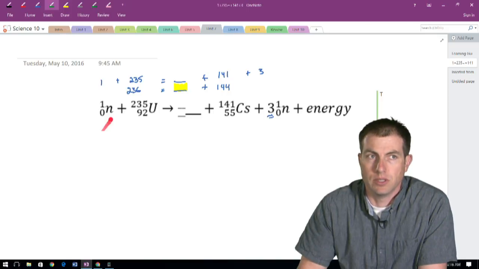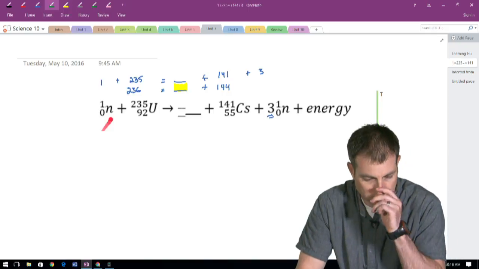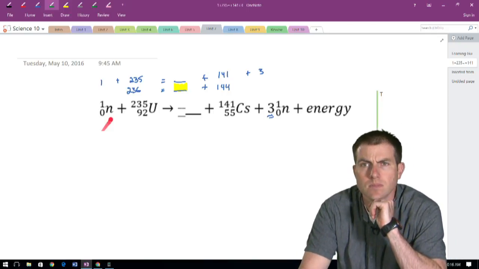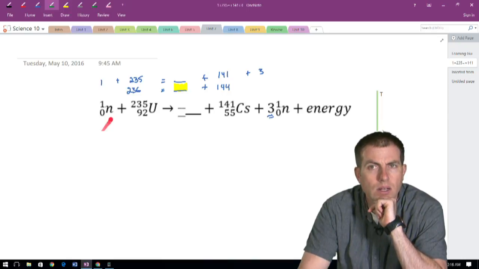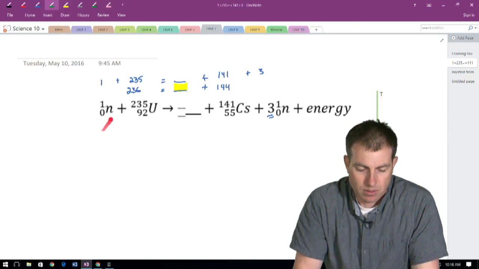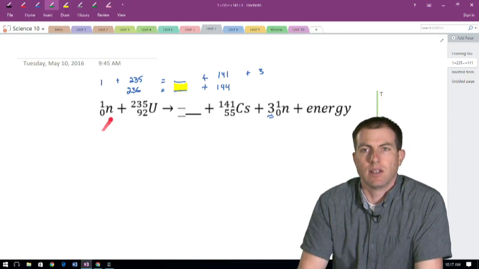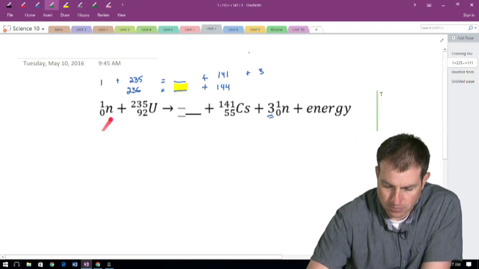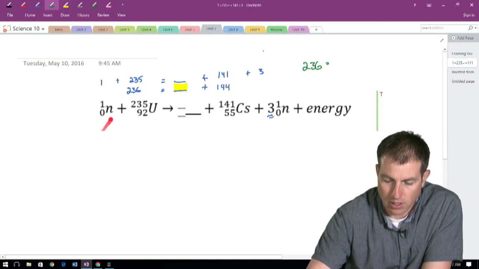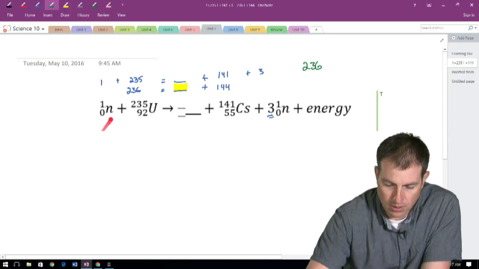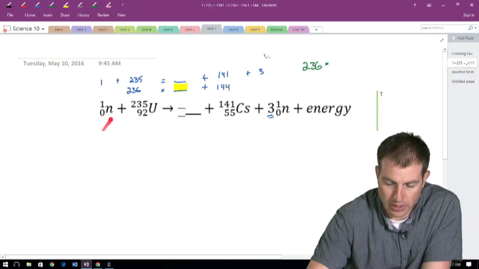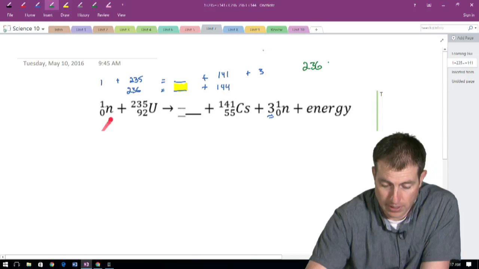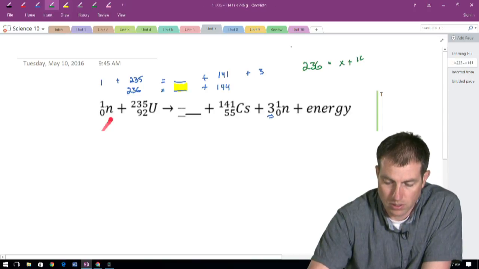If I have an equation, 236 equals something plus 144. Eric, you're a step ahead of me. Do you want to help me with the numbers? If I want to think of the left side equaling the right side, I can think of it like this: 236 is x plus 144. Solve for x.